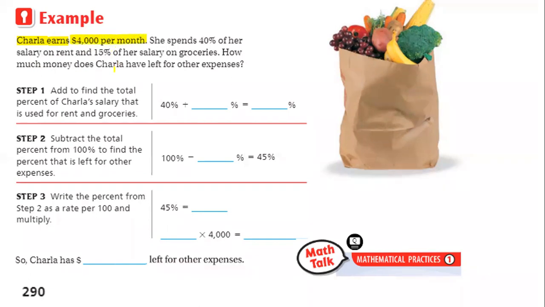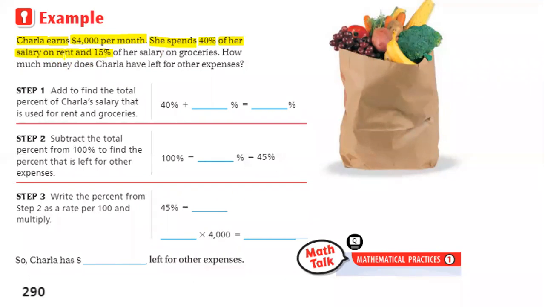So how many dollars? 4,000. Good job. Per month. So she spent 40% of her salary on rent.